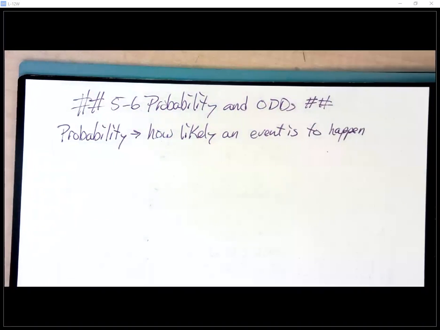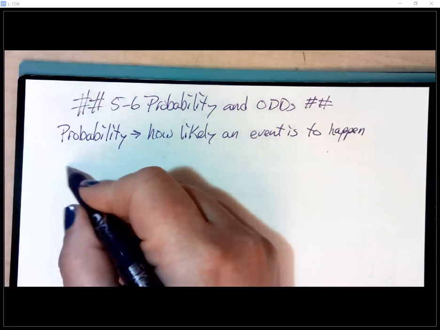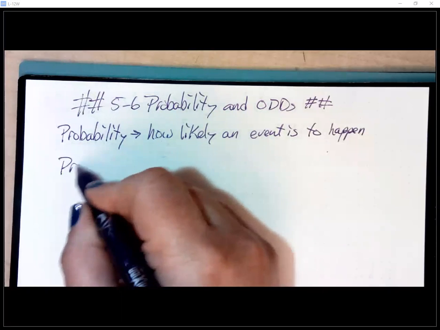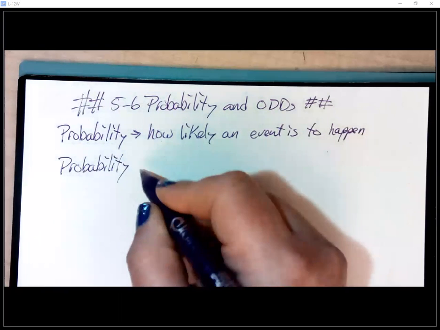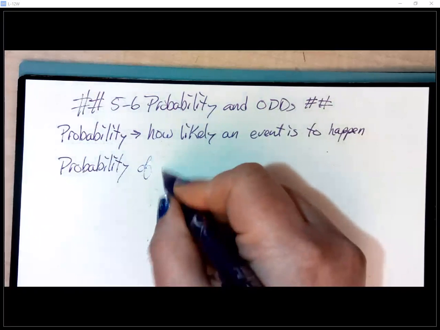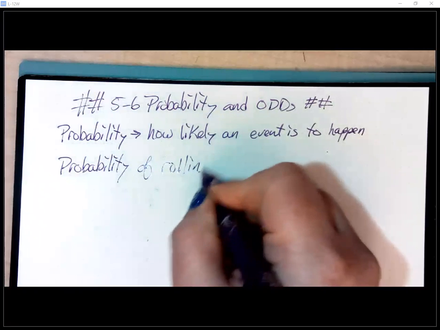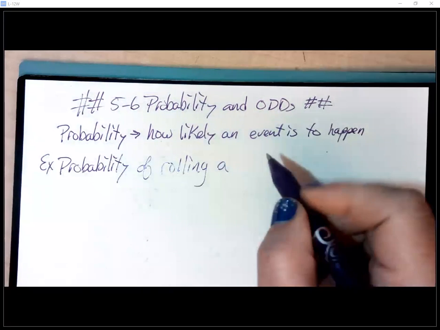And to find probability, it's actually really easy to do that too. So let's do an example. Probability of rolling a 3.